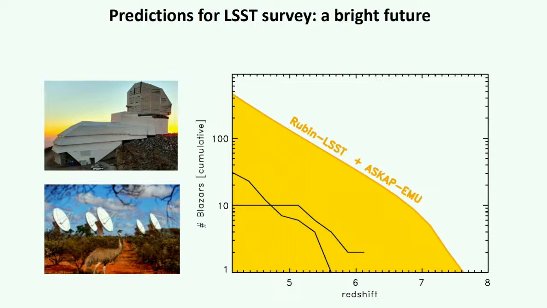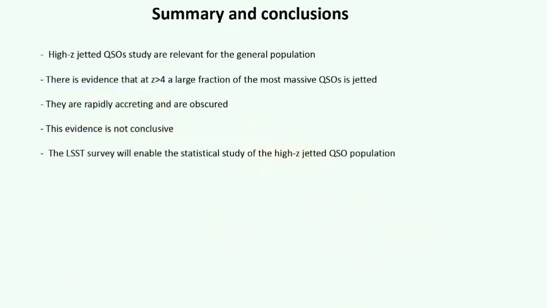And so I think I can summarize and make my conclusion. I would say that the study of the high redshift jetted population of quasars is really relevant for the general population of quasars and for the study of the earlier creation of the supermassive black holes. I showed you some evidence that at high redshift, a large fraction of the most massive quasars is probably jetted, and they are rapidly accreting in an obscured phase.